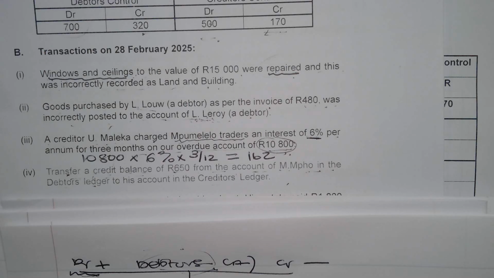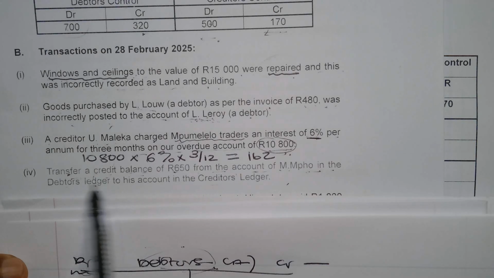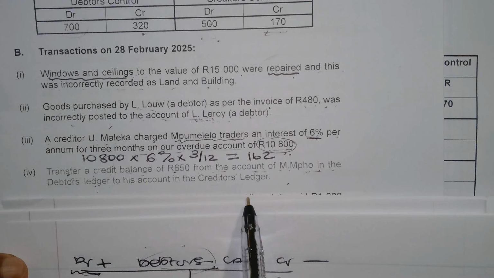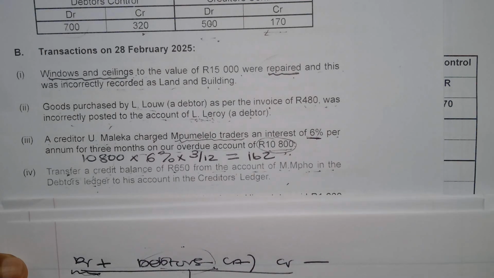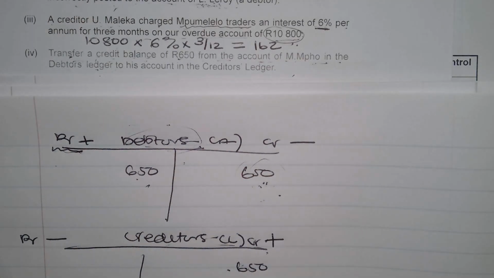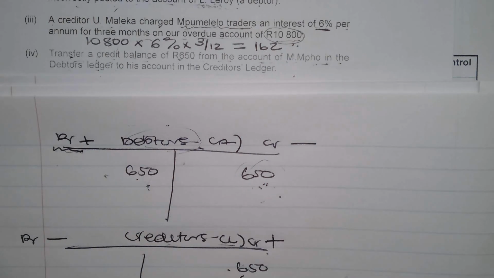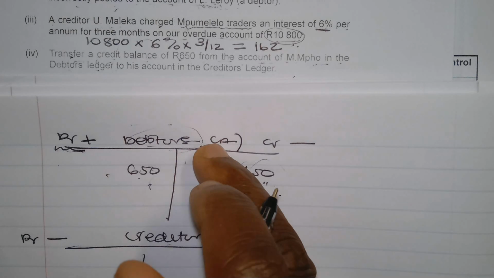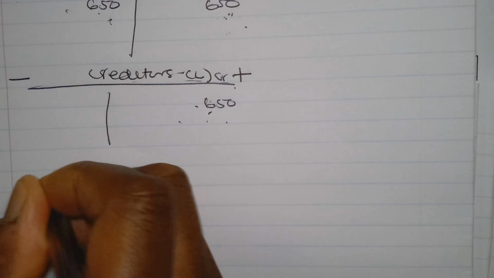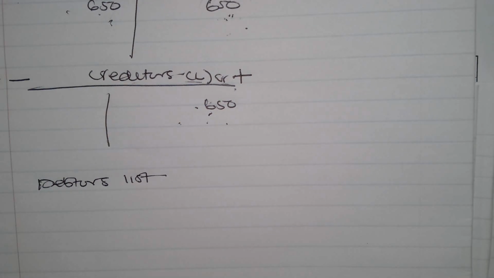Do you understand? So at a later stage, the debtors ledger will not have a balance anymore under Mpo, but we'll see the creditors ledger having a balance for Mpo. Okay, so what happens here is that there's no more balance here, but we have made the entry. Remember, this is a debtors control, this is a creditors control, and we have the debtors and creditors lists.